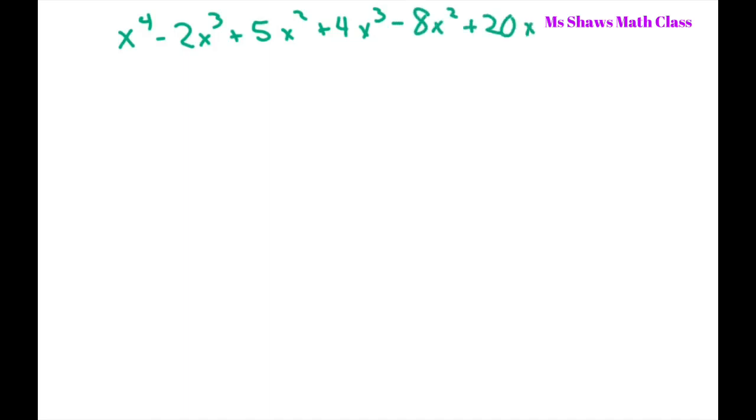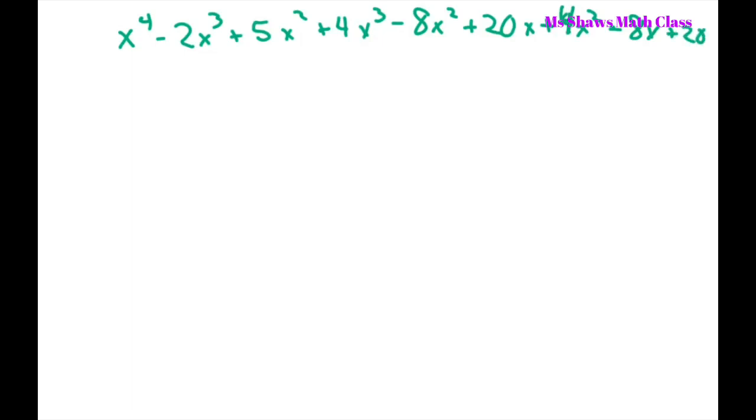x to the 4th plus 2x cubed plus 5x squared plus 4x cubed minus 8x squared plus 20x plus 4x squared, that's a 4, minus 8x plus 20.